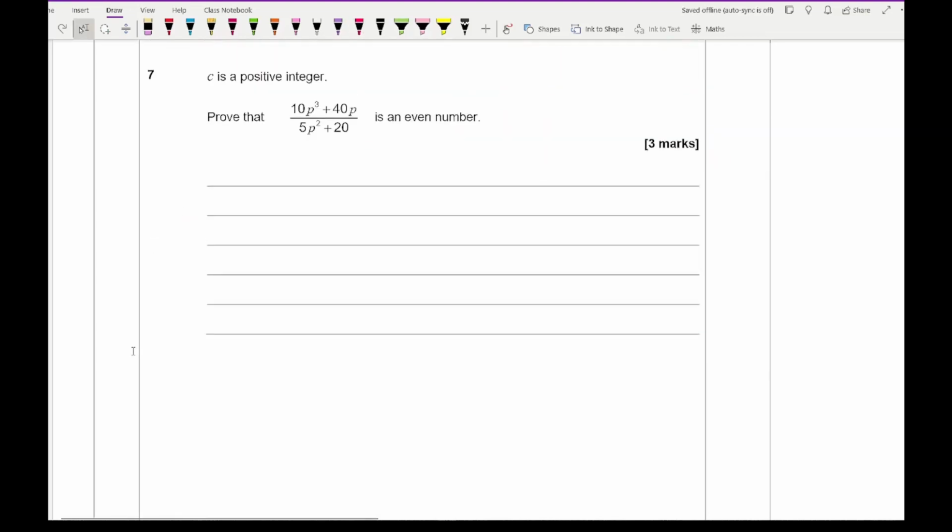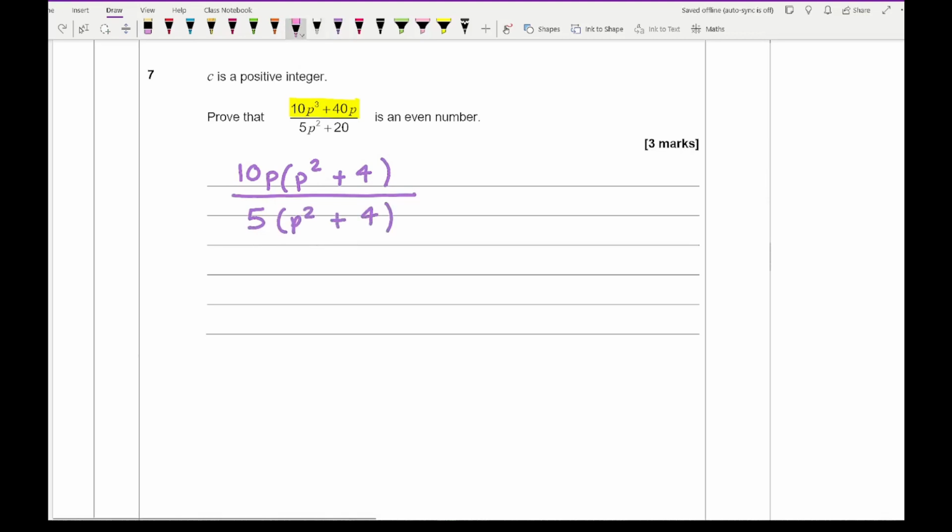Moving on to question 7, it says p is a positive integer. Prove that 10p cubed plus 40p, all divided by 5p squared plus 20, is an even number. So for this, what we need to do is factorize both the top and the bottom. So looking at the top, a common factor there is 10p. So 10p, and then factorizing it, I get (p squared plus 4), all over, and then factorizing the bottom, I get 5 times (p squared plus 4).